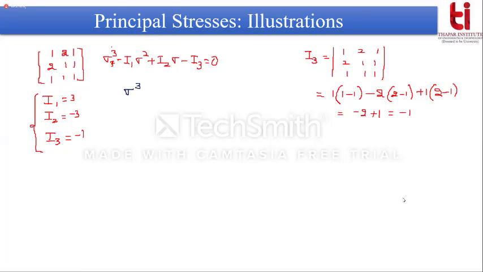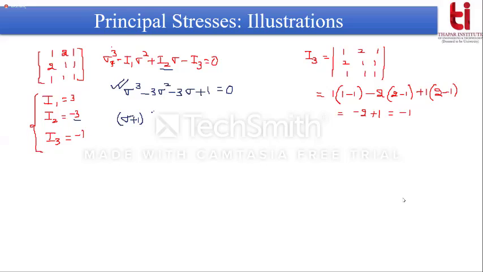Once you evaluate these I1, I2, I3, we get a cubic equation of the form sigma cube minus 3 sigma square, it is plus I2, so I2 is minus 3, that will make minus 3 sigma, and plus 1 equal to 0. So this will be a cubic equation. One can solve the cubic equation just by hit and trial.